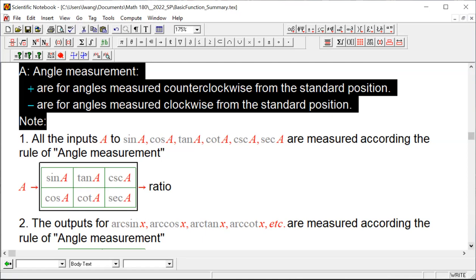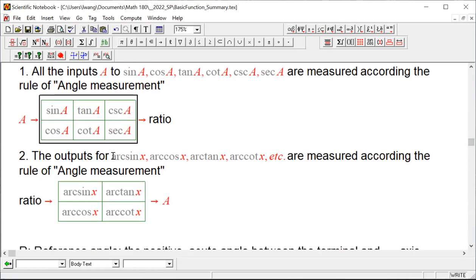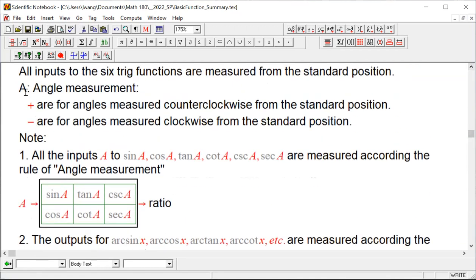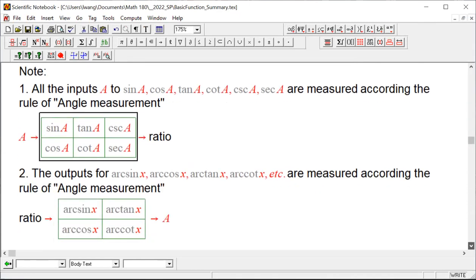The output for all these arc functions is also measured by the rule of angle measurement.